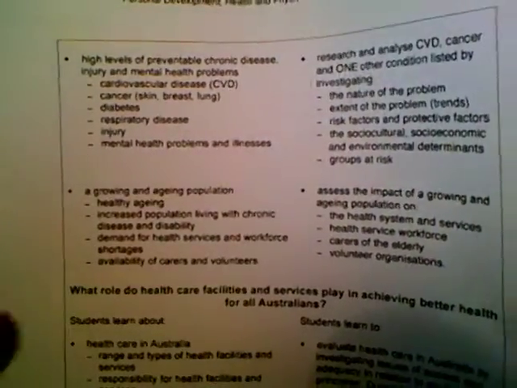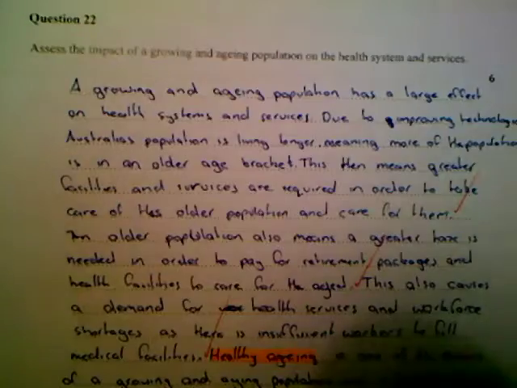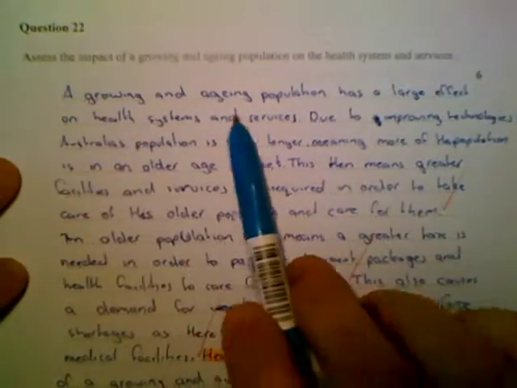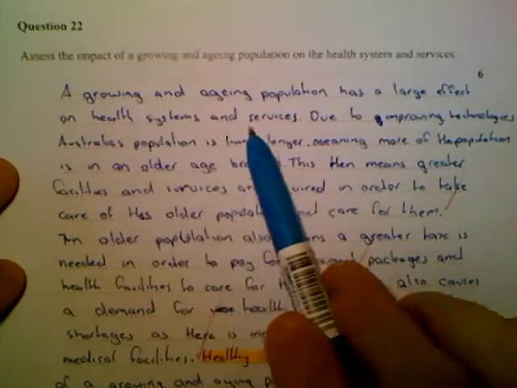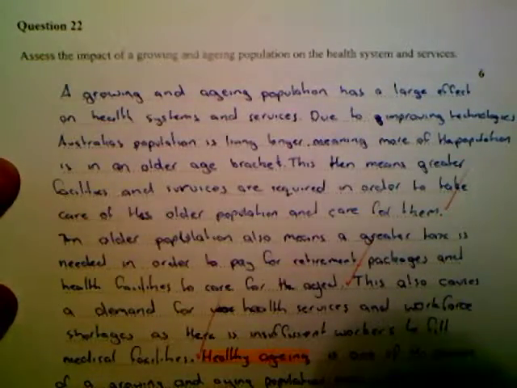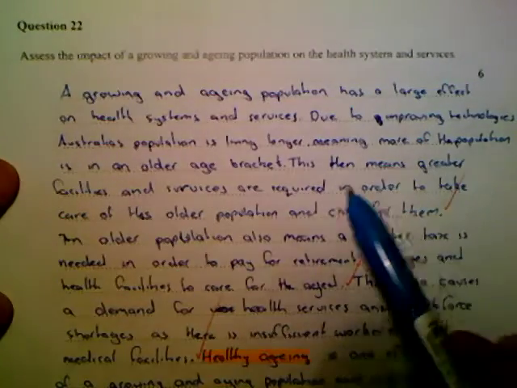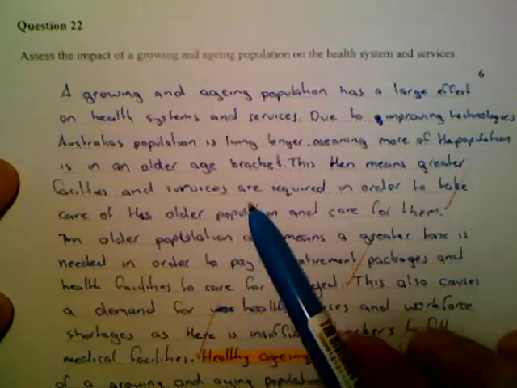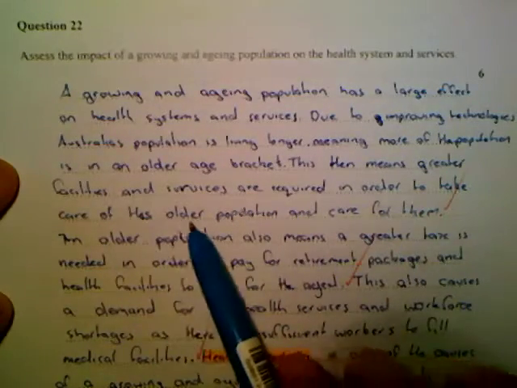If we go through and have a look at an answer that's been supplied. So we've got this one here which says, a growing and ageing population has a large effect on health systems and services. Due to improving technologies, Australia's population is living longer, meaning more of the population is in an older age bracket. This then means greater facilities and services are required in order to care for this older population.